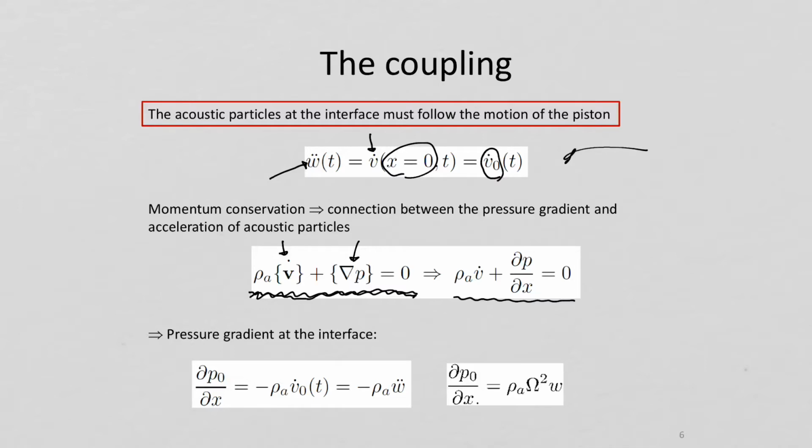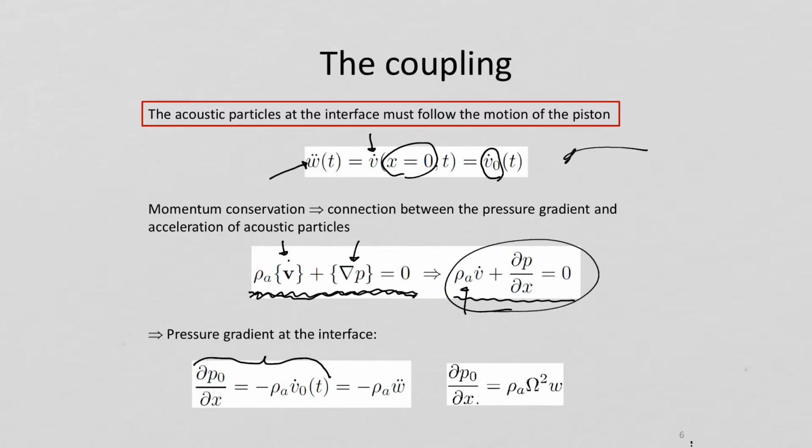And then we get the pressure gradient at the interface equal to minus rho a, which we have here, and the velocity at the interface. So this is what we express here using this equation, evaluated at the interface.